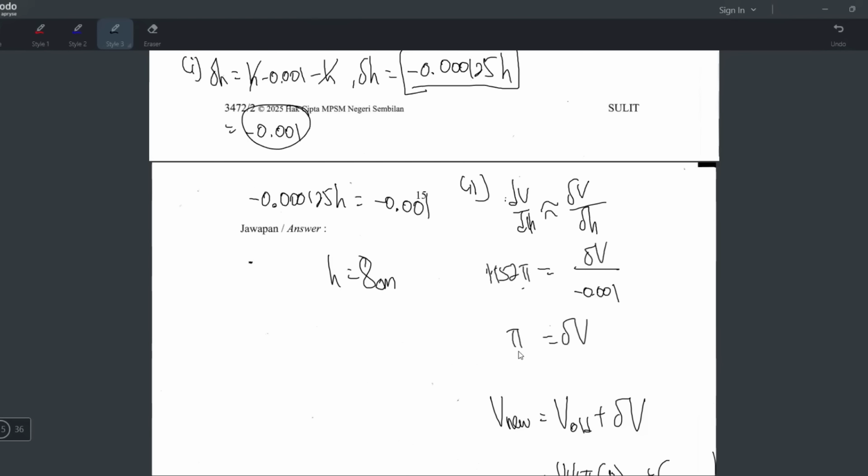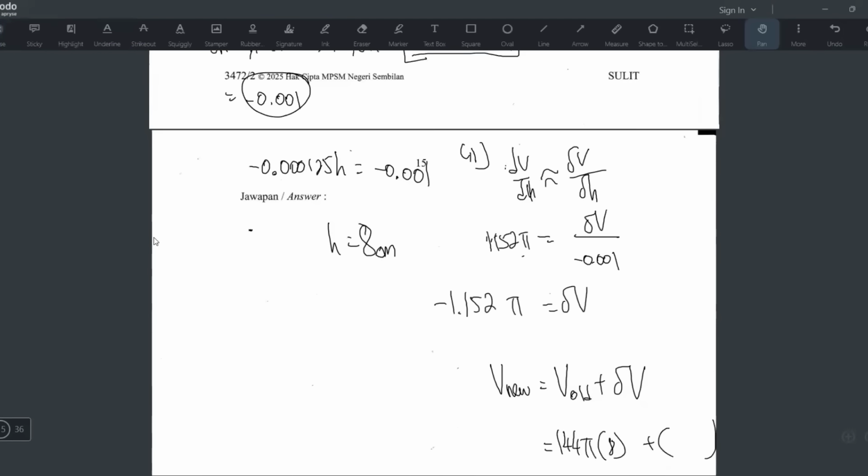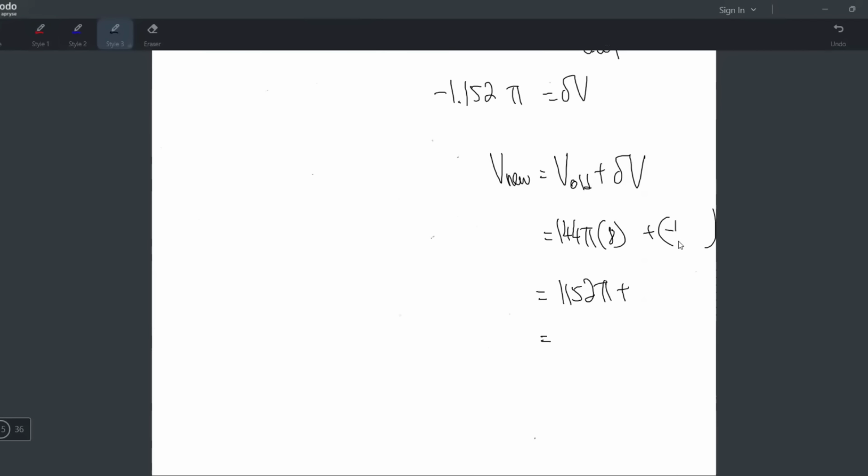So I'll just write the pi beside, and then 1152 times negative 0.001. My calculator gives me negative 1.152. So negative 1.152 pi is the delta V. Now you sub inside 1.152 pi. This one also negative 1.152 pi. And then this one minus this one. Your answer will be in terms of pi. So just press 1152 minus this. Alright, I got 1150.848.